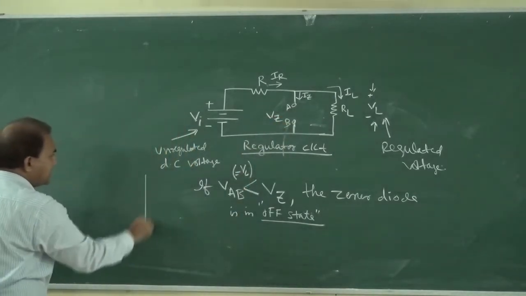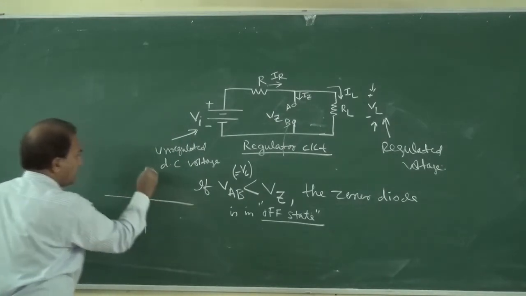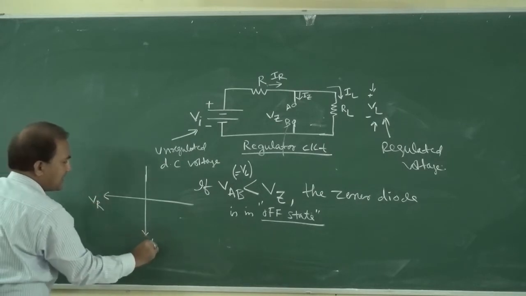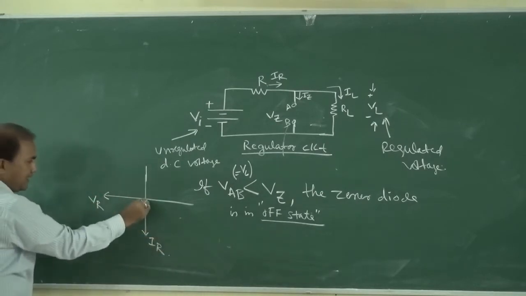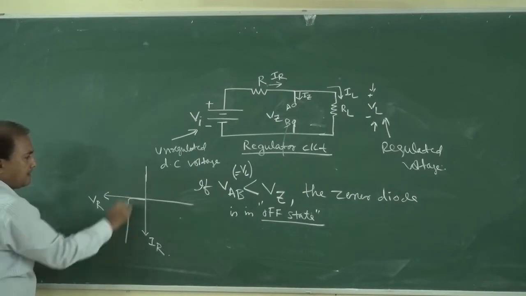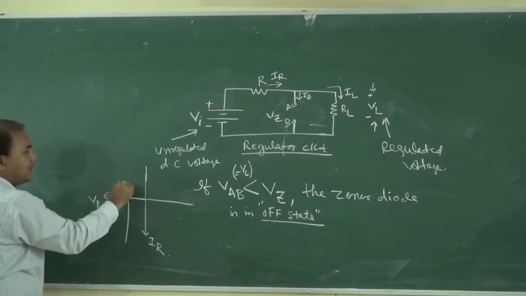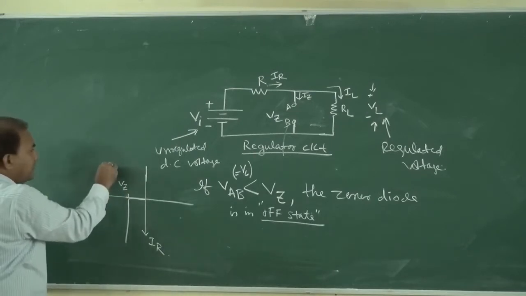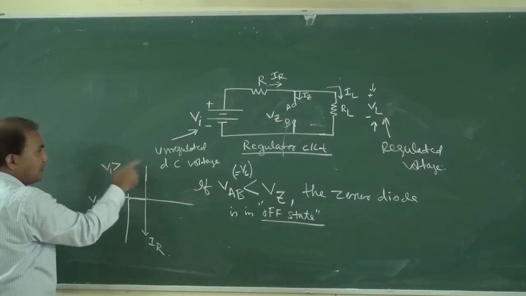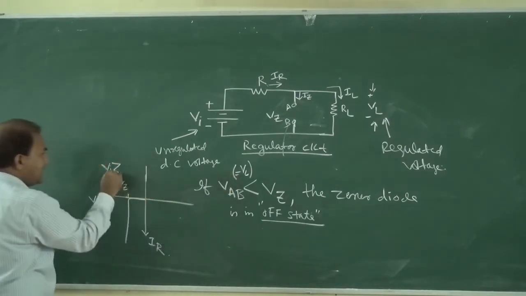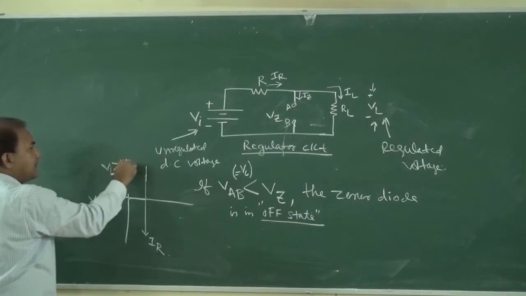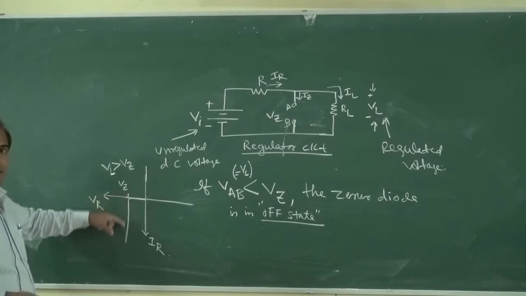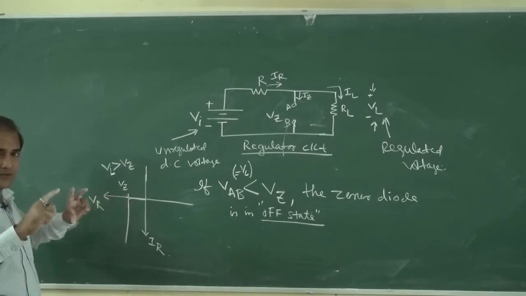How can you say that this is in off state? From the VI characteristics, suppose this is VR and this is IR, in off state, suppose this is VZ. When VL is more than Vz, then only it will behave as a constant voltage source.